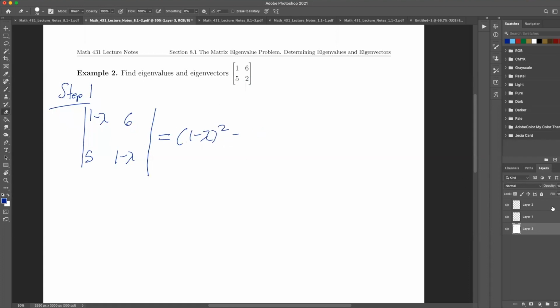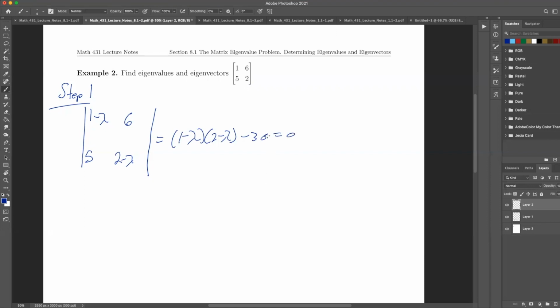That's what happens when you write on the wrong layer. So we here have 1 minus lambda times 2 minus lambda, minus 30, equals 0.